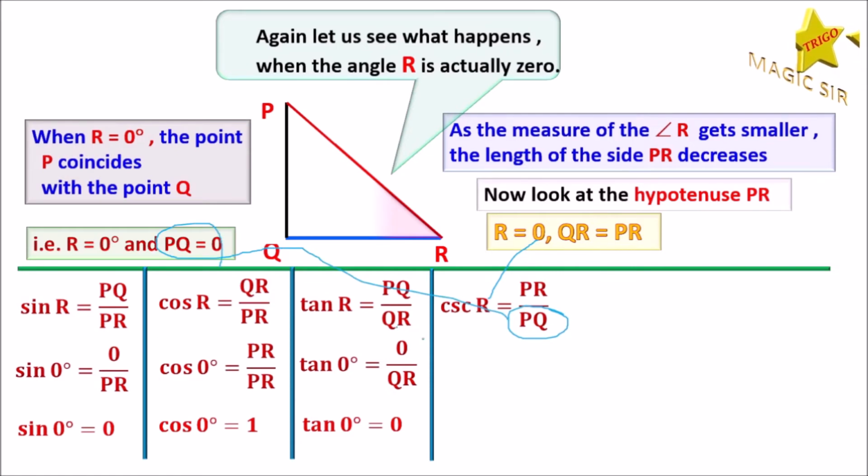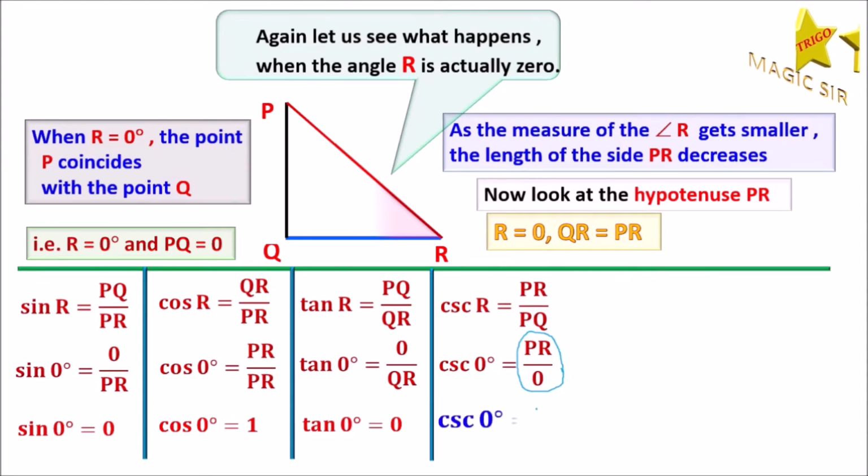So we have cosec 0 degrees is equal to PR upon 0. But we know that division by 0 is not defined. So PR upon 0 is equal to infinity. We write infinity. So cosec 0 degrees is equal to infinity.